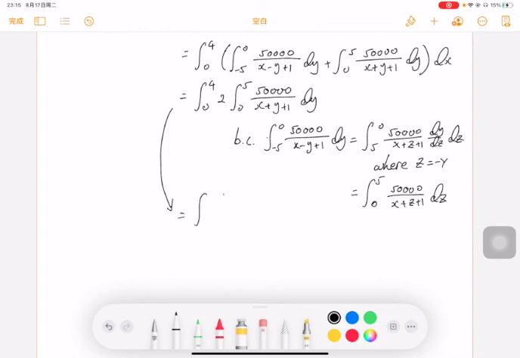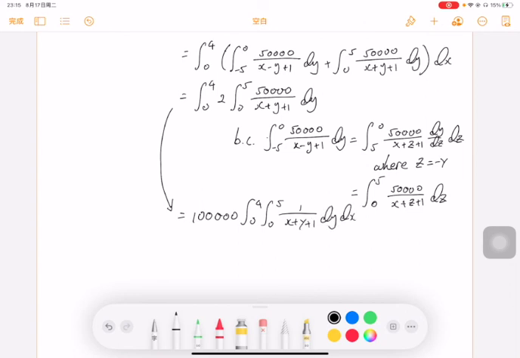This is the integral from 0 to 4. First let's get rid of this very large constant. Let's take the constant out. We get 2 times 50,000, so you get 100,000. So it's a huge constant at the beginning, 100,000 times the integral from 0 to 4, and then the integral from 0 to 5 of 1 over x plus y plus 1 dy dx.